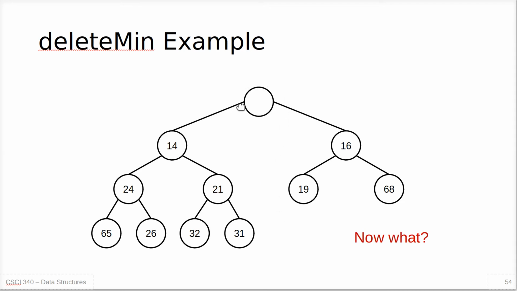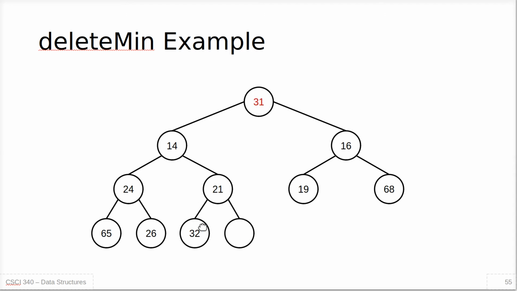Because we've removed a node, we know that in order to maintain an almost complete binary tree, this node down here has to disappear. To fill this one in with something means this one has to go away. So what we can do is just move this one up here and then fix it, okay?